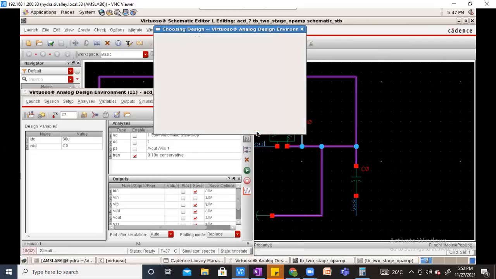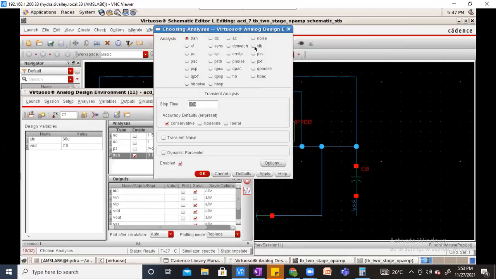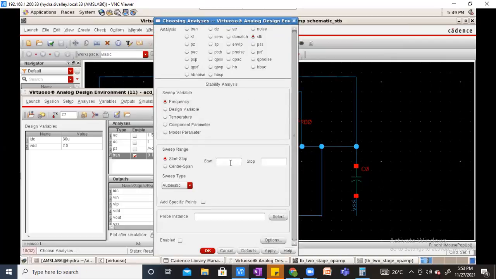Yeah, now it's pointing to the correct schematic. Now I can do it. Now I can go to stability. Start is 0, end is 100 megahertz. And select instance.